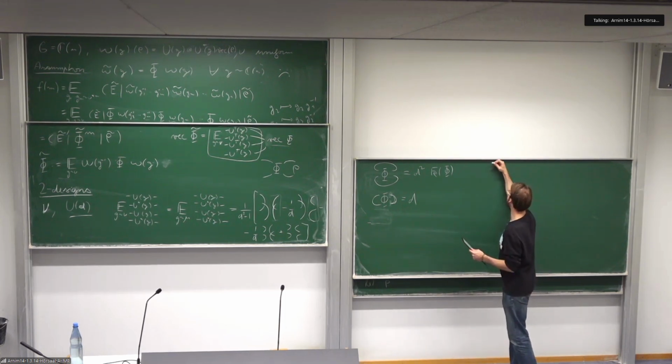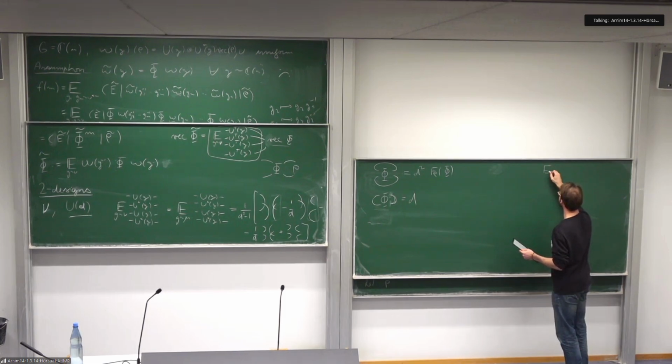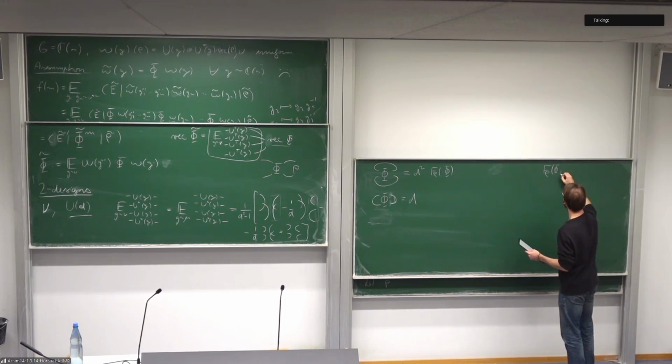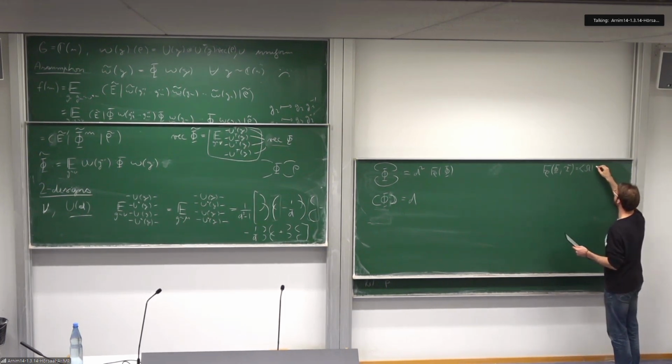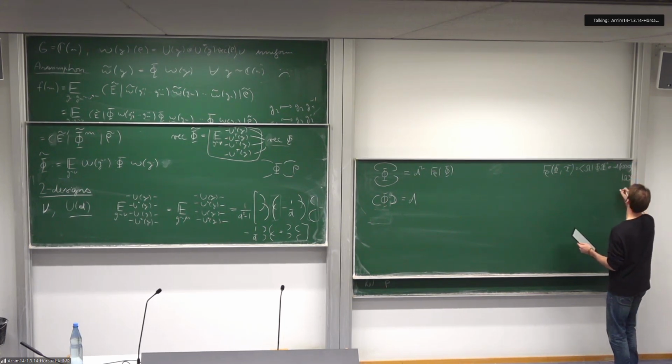Maybe we can have the definition of entanglement fidelity here again. So entanglement fidelity is this: omega, then we have this psi inverse tensor identity applied to omega, omega, and then omega.